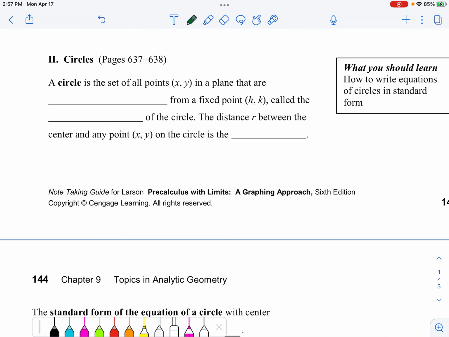Our first conic section is called a circle. We've been talking about this today, and a circle is all the points on a plane that are equidistant from a fixed point h comma k called the center of the circle. The distance r between the center is the radius.